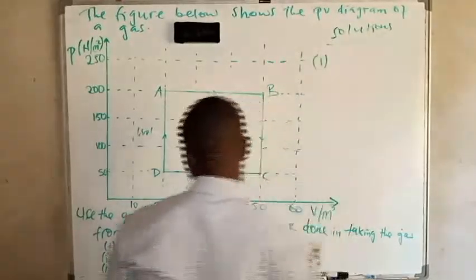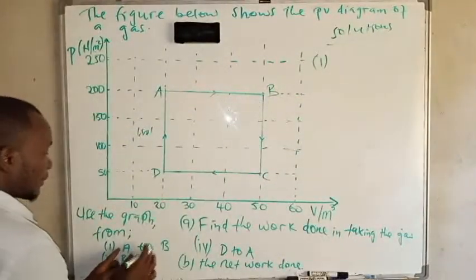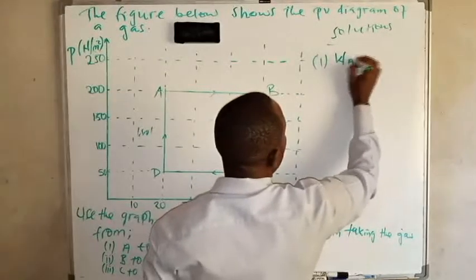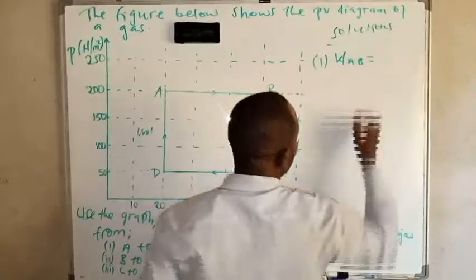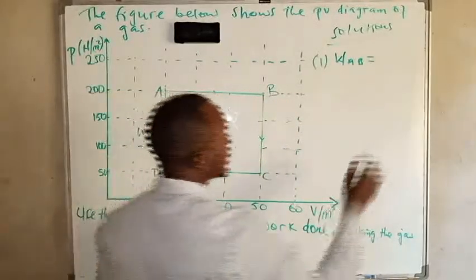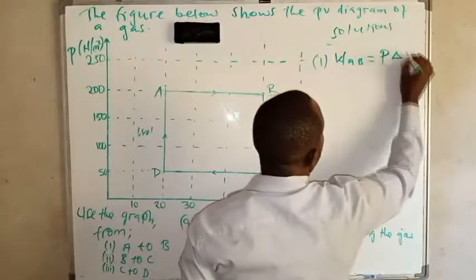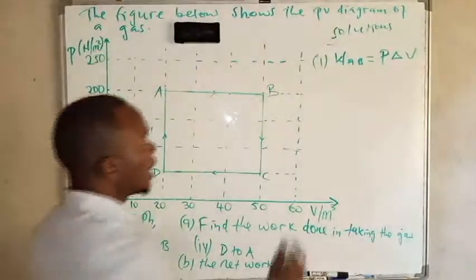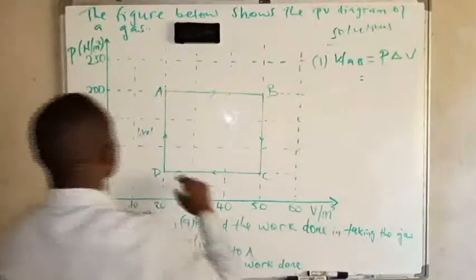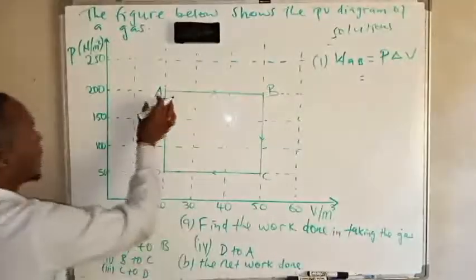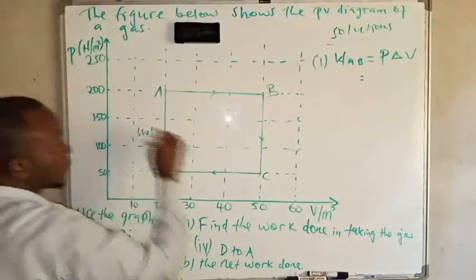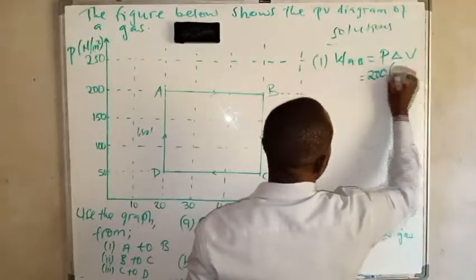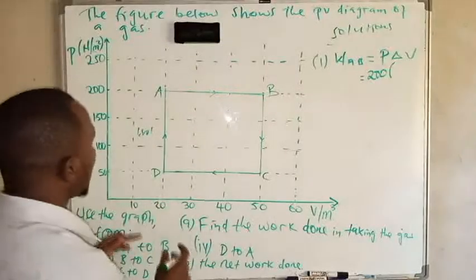The first question: find the work that is done in moving the gas from A to B. The work done is given by the pressure times the change in volume.